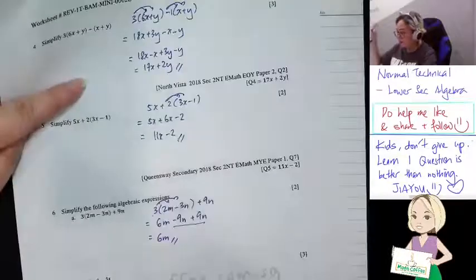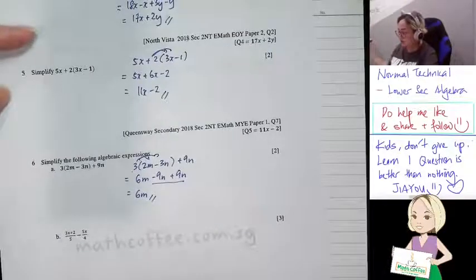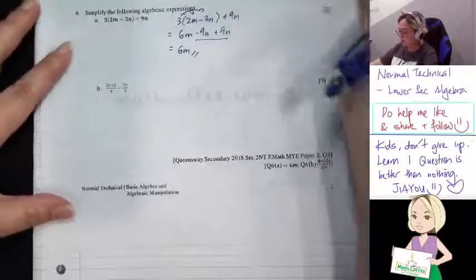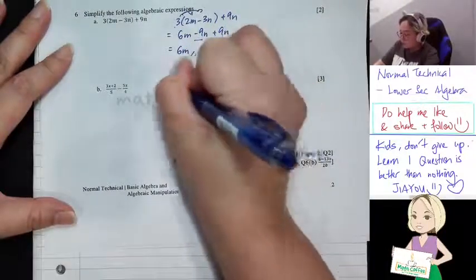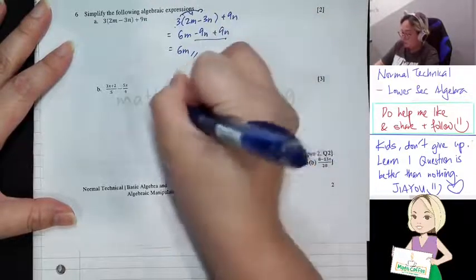Actually, I always have a title there: Normal Tech Lower Sec Algebra. But this algebra, again, I have mentioned, is applicable for Express and Normal Acad. All levels learn this algebra manipulation. Okay, so 3x plus 2 over 5 minus 5x over 4.